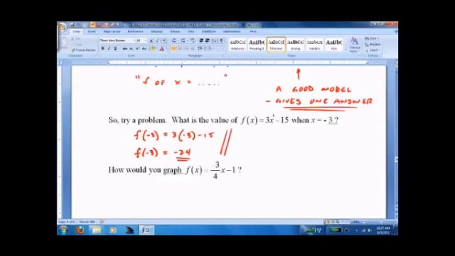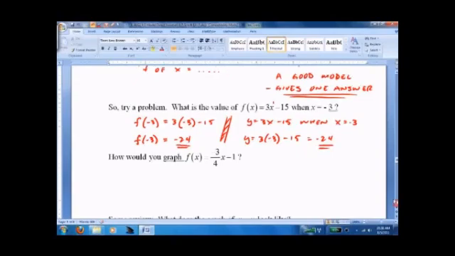If it makes you feel better, quite a few people it does, write it as y equals 3x minus 15 when x equals -3. And that's fine. You can just put that into y equals 3 times -3 minus 15, which is -9, minus 15, which is -24. If that makes you feel better, go right ahead. Not a problem.